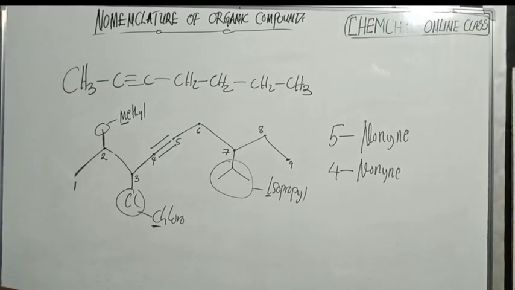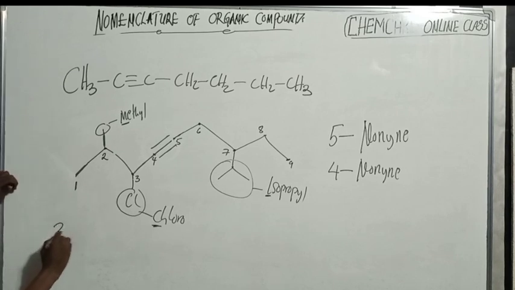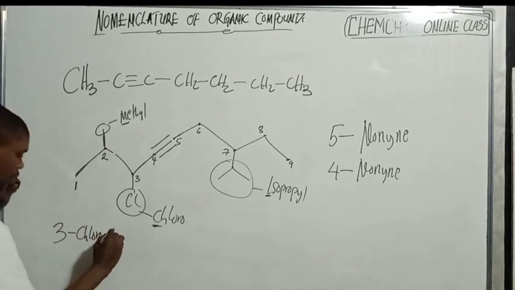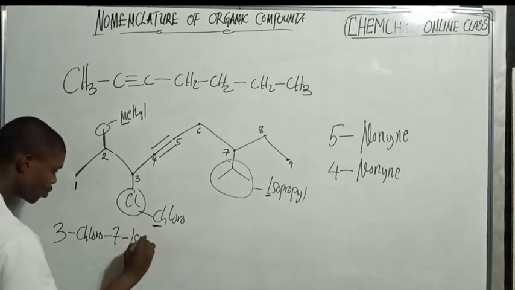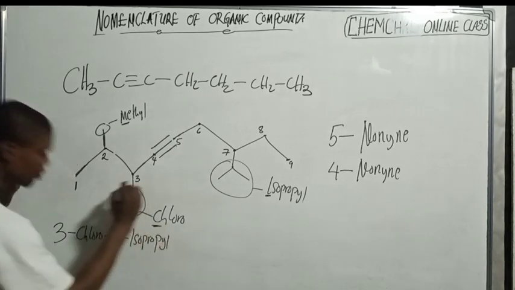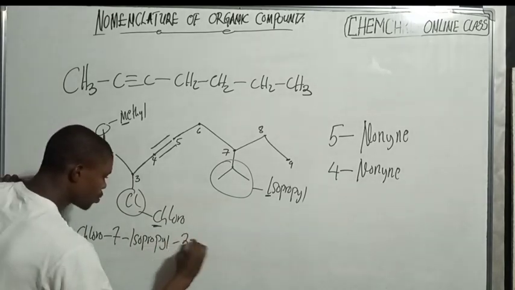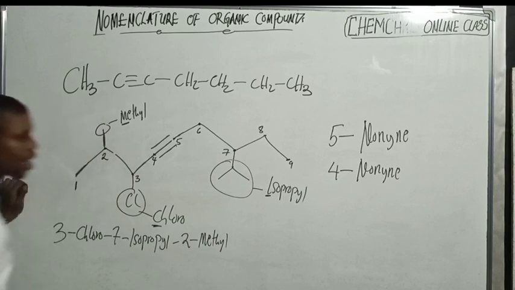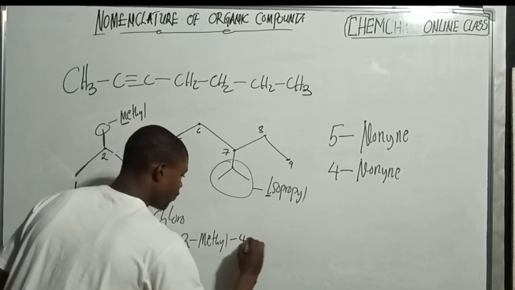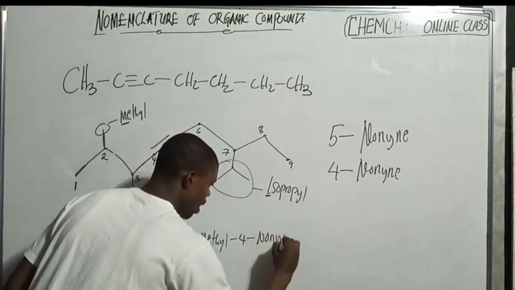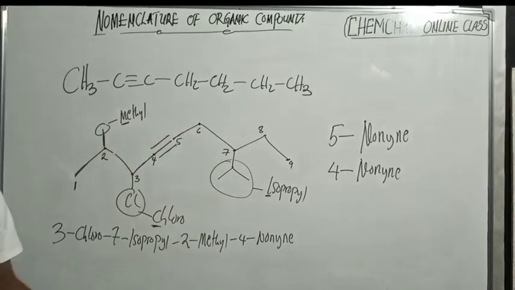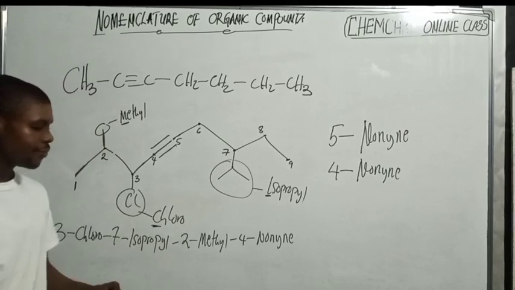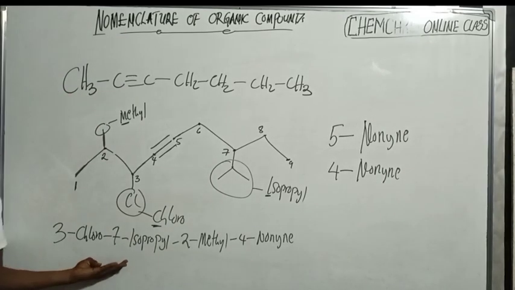So how do you name it? It will be 3-chloro, 7-isopropyl, 2-methyl, 4-nonyne. So this is the structure of this compound.